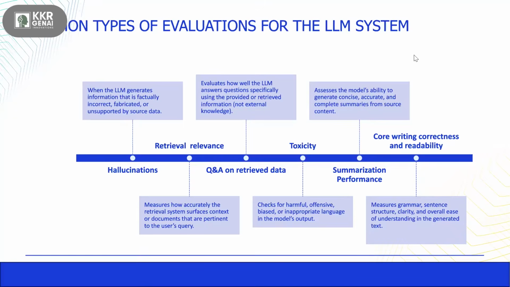That's where we see summarization performance. Along with that, while it is performing summarization, one more evaluation happens: the correctness and readability of the writing, because sometimes the words provided from the context, similar words we are expecting from the LLM.